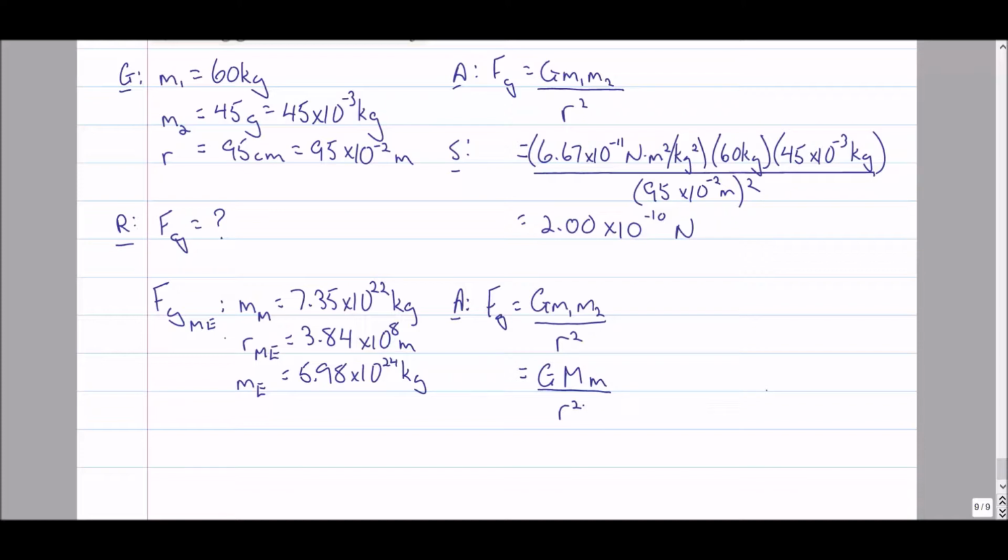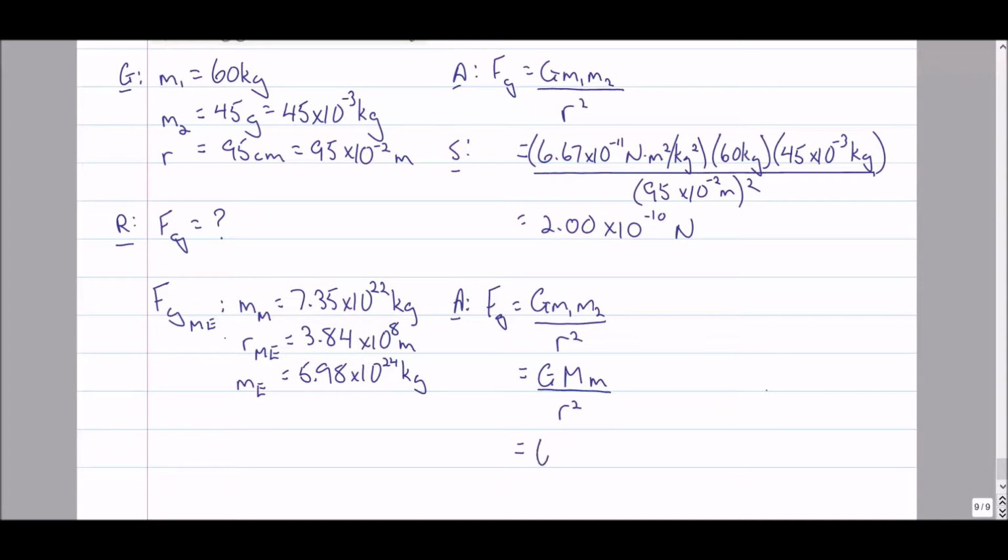It's exactly the same thing. It's just one mass times another mass. It doesn't matter which order I put them in. If you see these two different notation styles, this is all that it means. With G M m over r squared, we're usually talking celestial mechanics. With G m1 m2 over r squared, we're talking the general sense of the gravitational force.